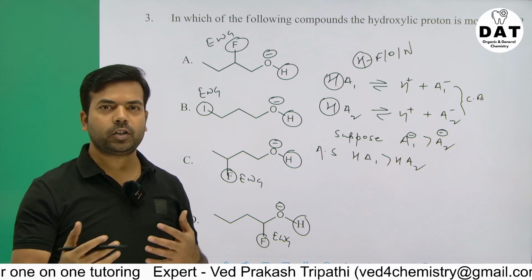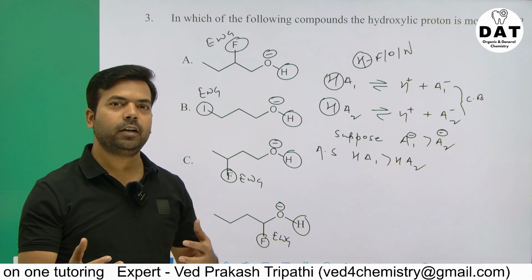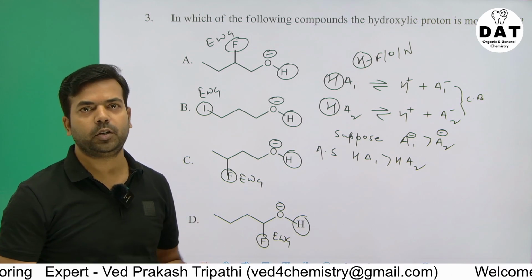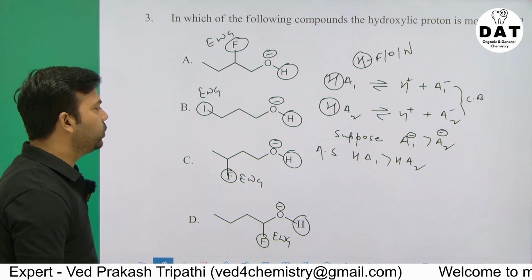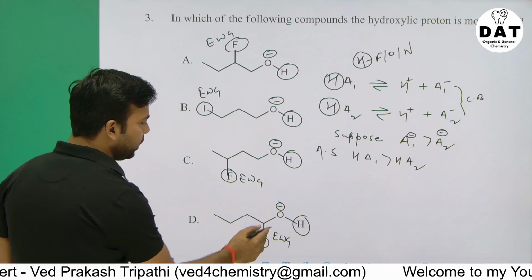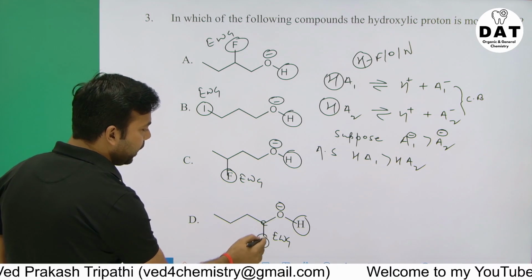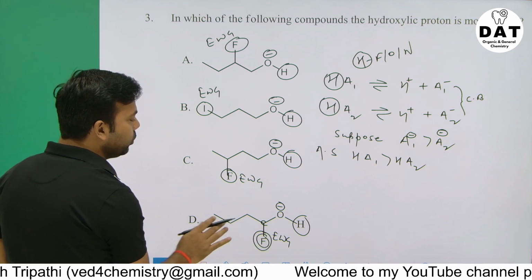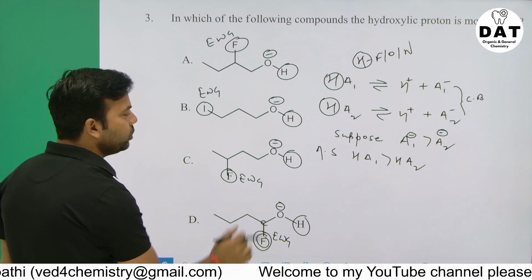Whenever an electron-withdrawing group is connected very close to the negative charge, it provides more stability to that anion. So as you can see, this oxygen negative is directly bonded near the fluorine at a very close position. So this fluorine is going to provide more stability to this anion.